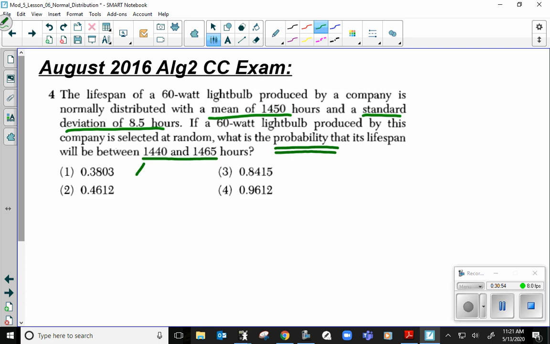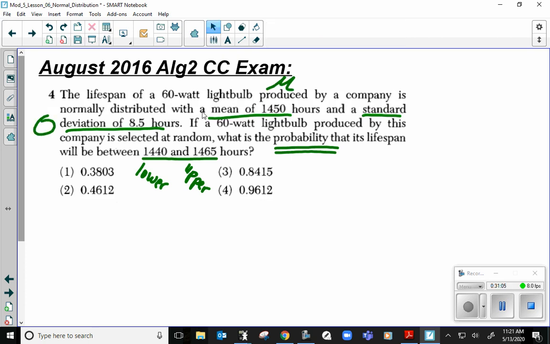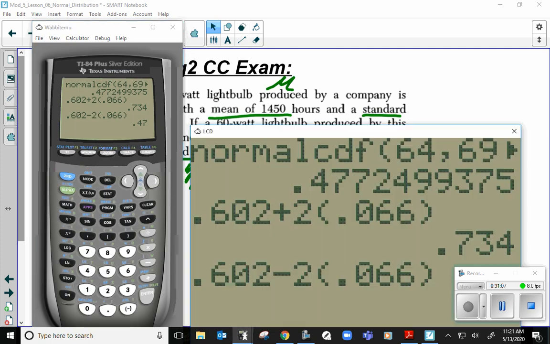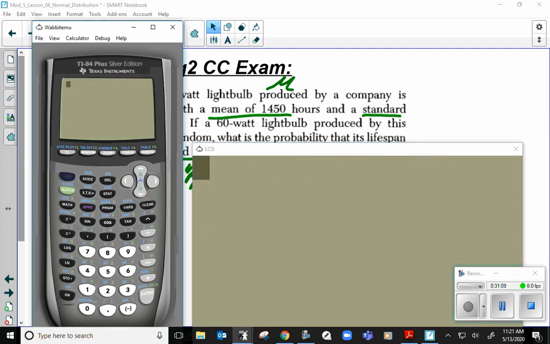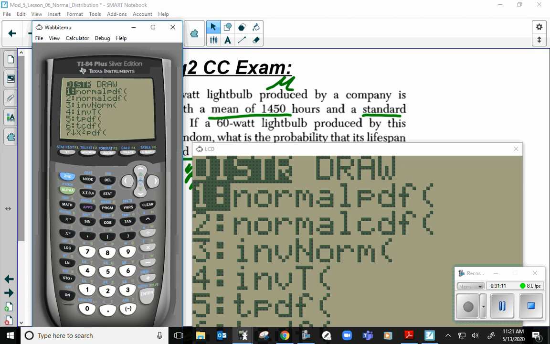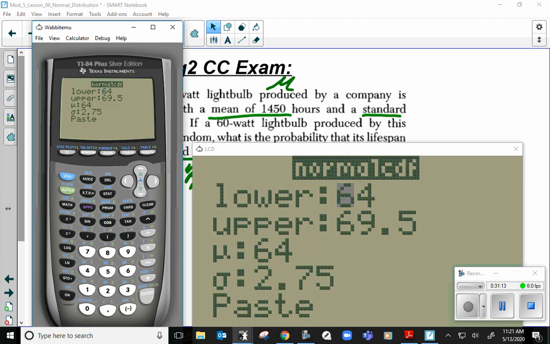This looks like a lower and an upper limit, which you know I like to call mins and maxes. But we have a mean and we have a standard deviation, so completely in the calculator. All right, clear this out. Second, VARS. All right, pick 2, normal CDF. My mean is 1450.